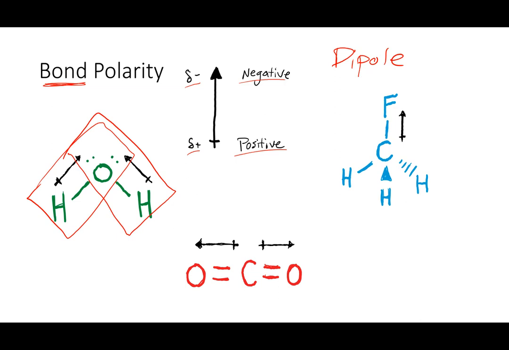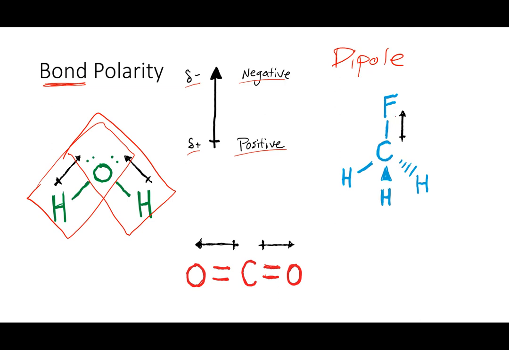So in both cases, the dipole points towards oxygen because oxygen is more electronegative. Down here in carbon dioxide, oxygen, again, is stronger than carbon on both sides. So the dipole points towards the more electronegative, and that would be oxygen in this case.